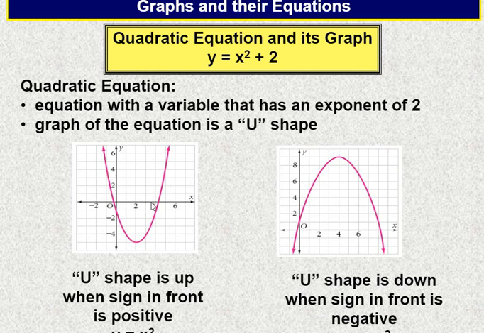Yes, here you can see that since the U shape is looking upward, the coefficient of x squared, which is 1 here, is positive, and here the coefficient of x squared, the coefficient means the constant or number that is multiplied by x squared, here it's negative. But as I said, Miss, I don't want you to learn in detail about the absolute value graph and the quadratic function graph. No, I just want you to know their graphs in general. Now let's go to the book and start solving problems and discuss together if you have any questions.